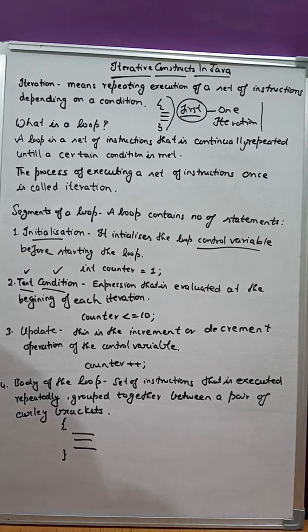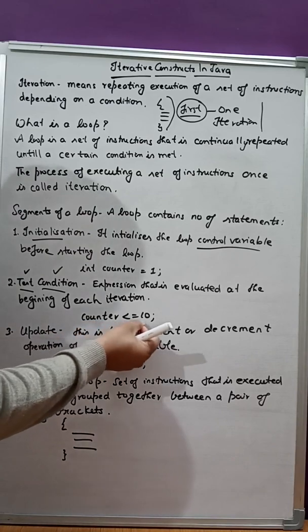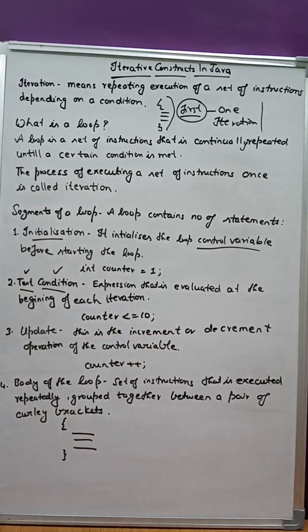Like if it is written counter <= 10. Like in conditional programming, suppose the age of a person is greater than or equal to 18, in that case only the person is eligible to vote, otherwise he is not eligible to vote. So this is the second segment of the loop.